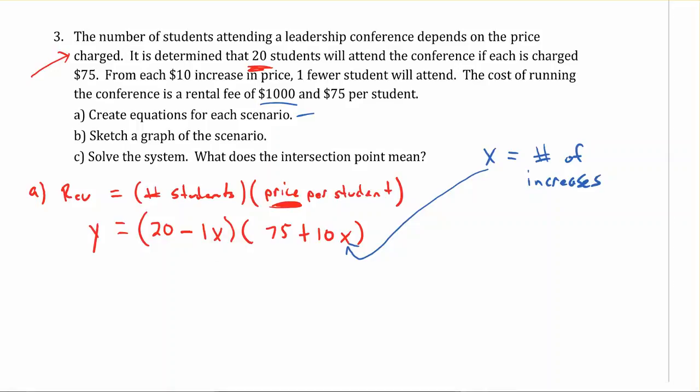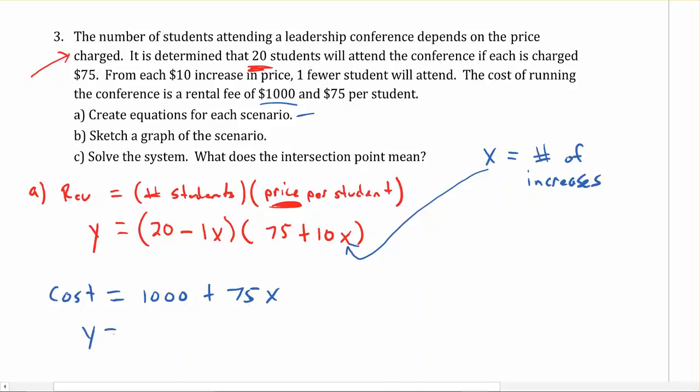Okay, and this one in blue. So cost, so we got one for revenue. Cost is going to be a new one. And it's going to be just $1,000 because that's the set price, plus $75 times the number of students. So times x.